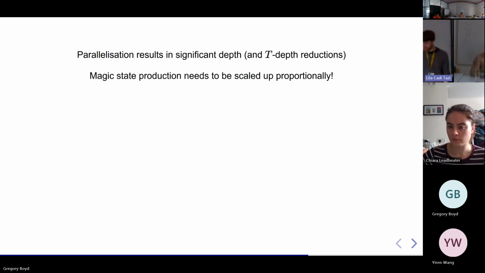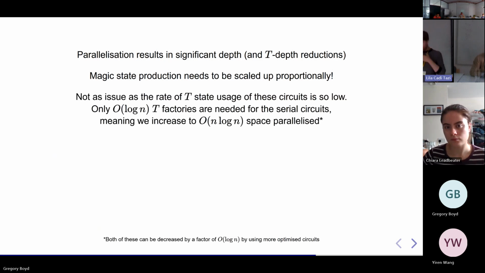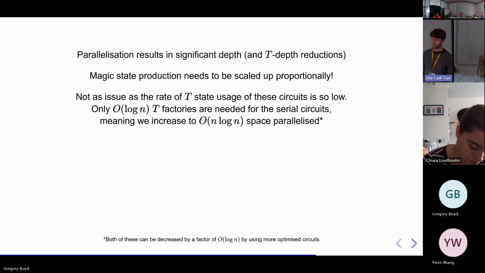This could be a problem, but it turns out it's not. The reason is that the relative T-state usage of these circuits is already very low, and it only scales logarithmically with the size of the register. So that actually doesn't kill you. This particular pass of your algorithm already did not need that many magic state factories.